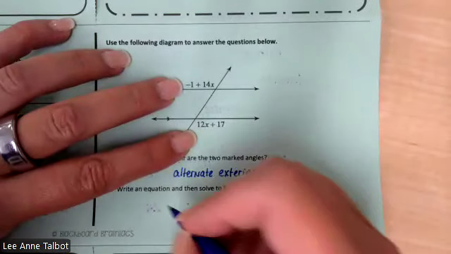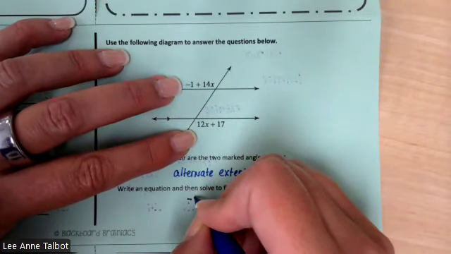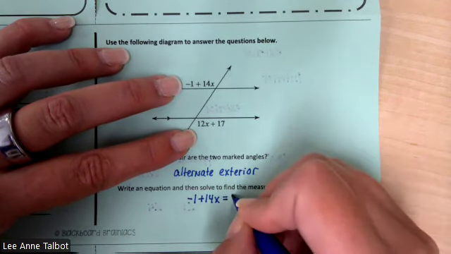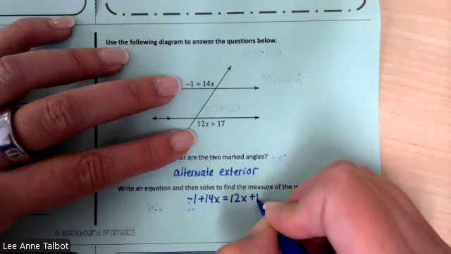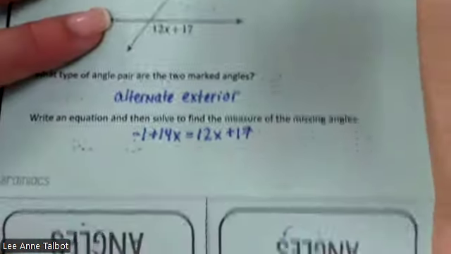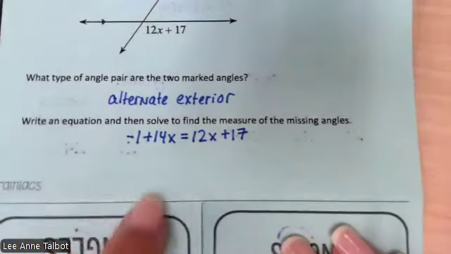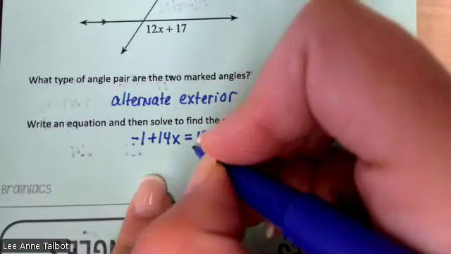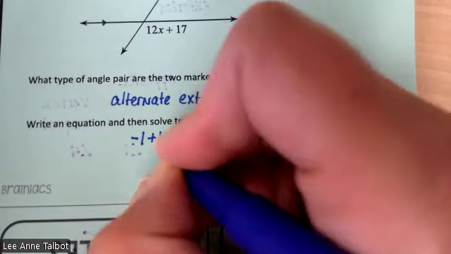So that means that this algebra is equal. 14x minus 1 equals 12x plus 17. And then again, I always start with the one that has a letter on it that's the lowest and undo that first.